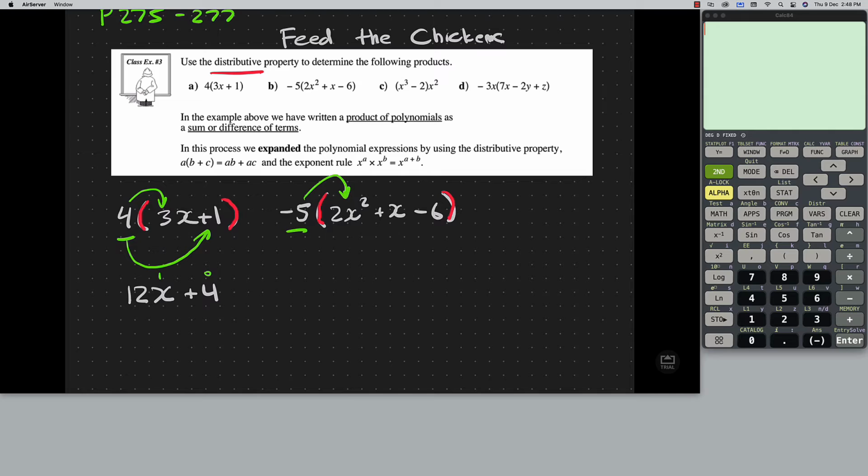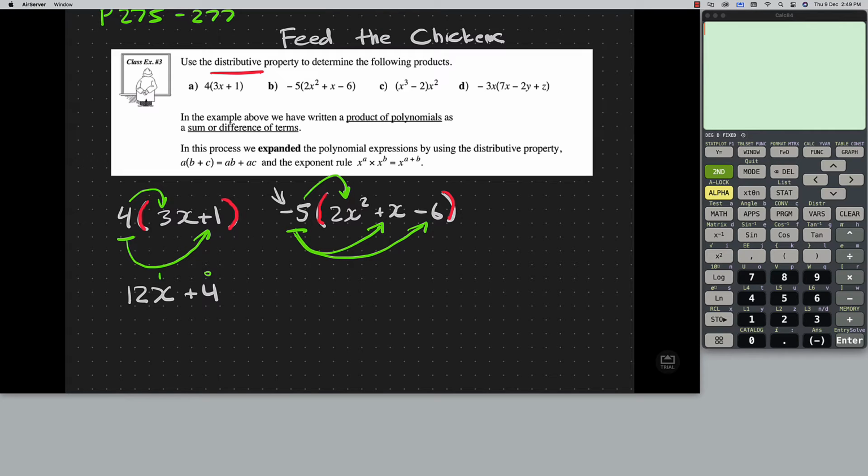That's 1 chicken, 2 chickens, and 3 chickens. So the farmer needs to go feed those chickens, and we need to expand this out, and again make sure that all like terms are collected and gathered together, and then it's put in descending order. So don't forget this little negative sign there. This is negative 5 times 2x squared.